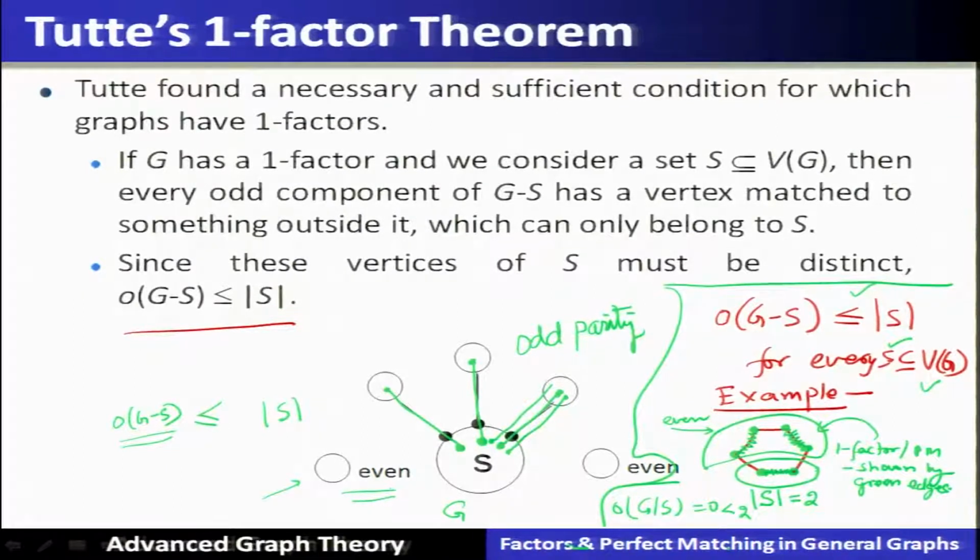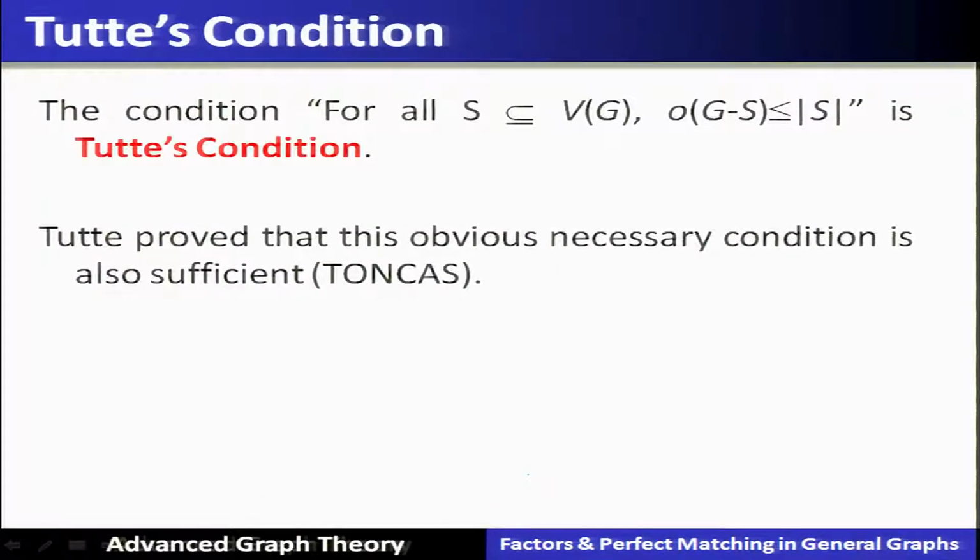So, the same thing is stated over here: if G has a one factor, and we consider a set S which is a subset of the vertices of G, then every odd component of G minus S has a vertex matched to something outside it, which belongs to set S. Since these vertices of S must be distinct, the number of odd components of G minus S is bounded by the size of S. This is called Tutte's condition, and this necessary condition is also sufficient, as proved in Tutte's theorem.